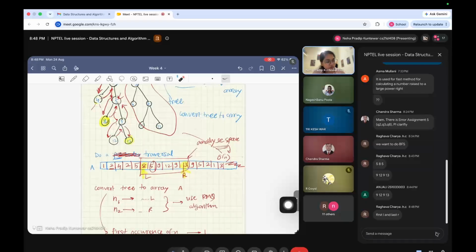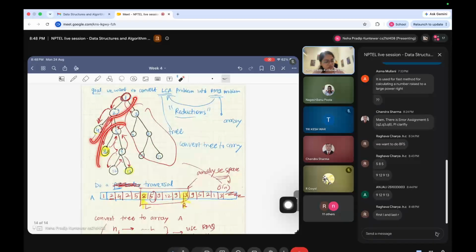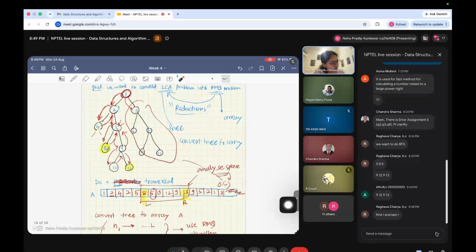You're not really looking at these values, you're actually looking here. And the last time you visited, for example, 9, was this one. After this point you're only going up. Everything that was below it is already contained in your array. So that is why we make this choice.